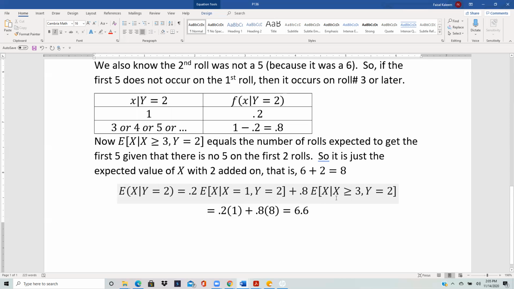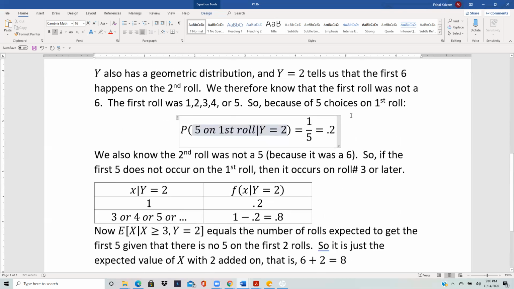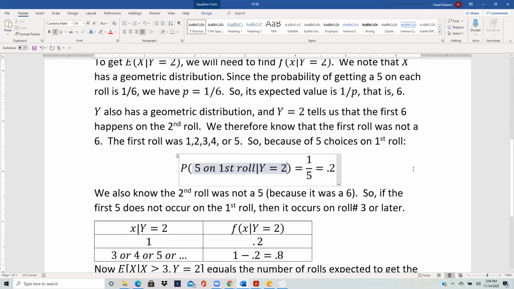Now, if it was just the expected value of x, then that is 6 as we wrote above. So let's scroll up. Here we mentioned that x has a geometric distribution, so its expected value is 1 over p and hence 6.